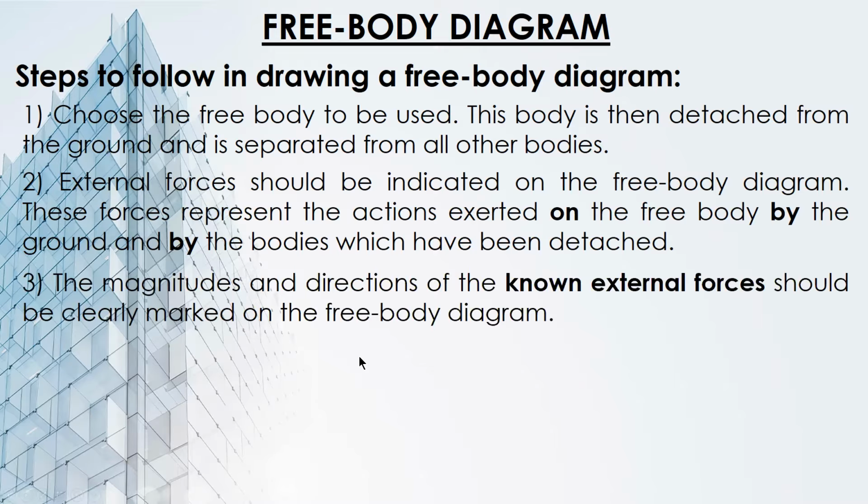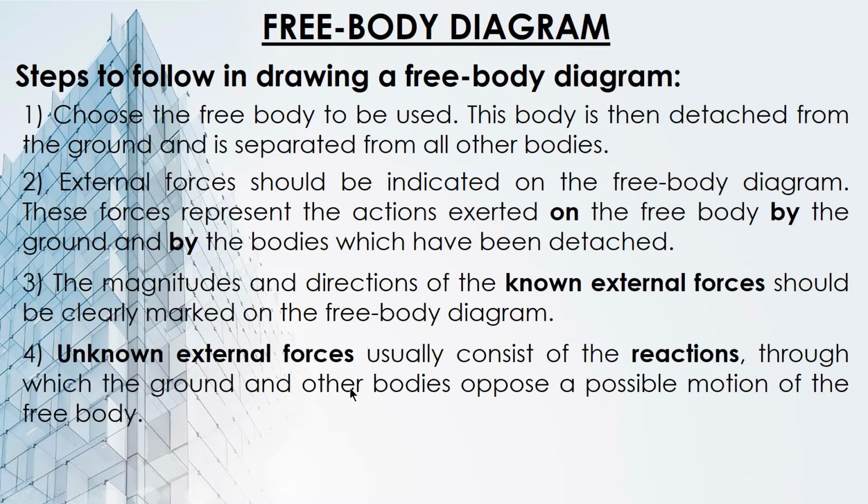The magnitudes and directions of the known external forces should be clearly marked on the free body diagram. Magnitude and direction. Number 4. Unknown external forces usually consist of the reactions to support, through which the ground and other bodies oppose a possible motion of the free body.